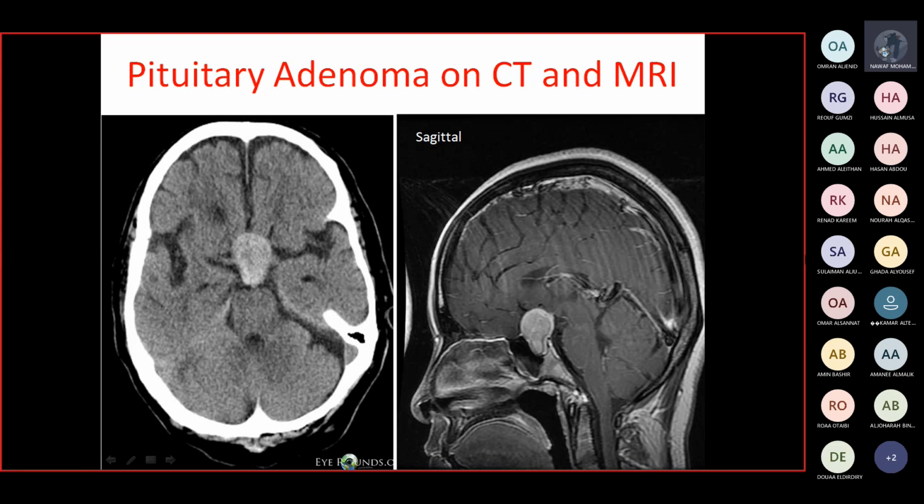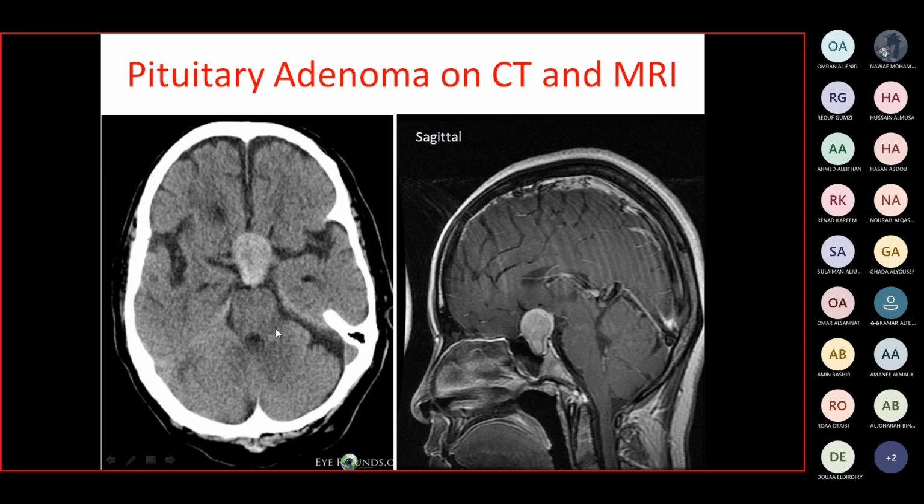Yes, this is the area of the pituitary. It is abnormal. The pituitary region is occupied by this lesion. So there is a mass in the hypophyseal fossa or pituitary fossa. This is the abnormal lesion in the region of the pituitary gland.